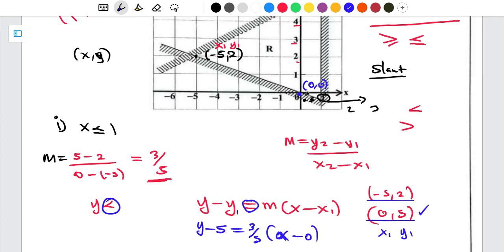But remember, this is a solid line. So you have to use greater than or equal to or less than or equal to. Then the next coordinates, where these two lines are meeting. So you need to get negative 5, 2. Then you find the gradient. Then after finding the gradient, you use the same method. But remember this part here.